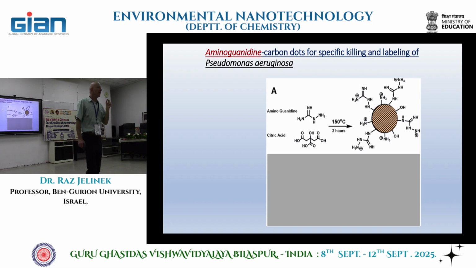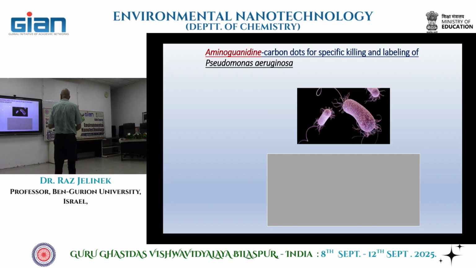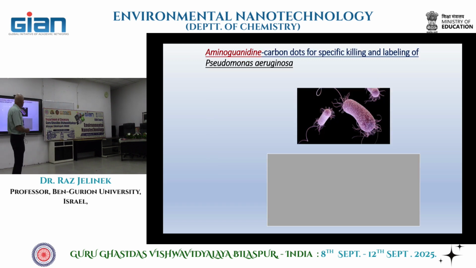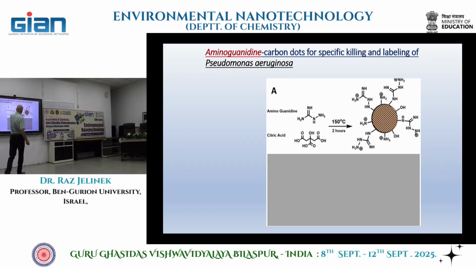Now the special thing about aminoguanidine is that it recognizes and binds very strongly this part of the lipopolysaccharide. So what we accomplished is carbon dots that will bind specifically to the surface of the Pseudomonas aeruginosa bacteria through the interaction between aminoguanidine and the lipopolysaccharide.